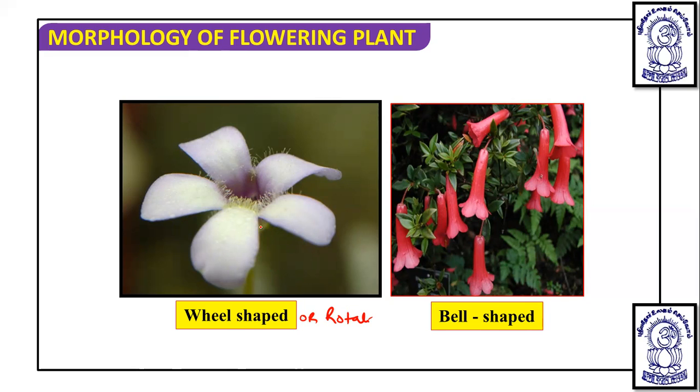At the back side, you will see a tube-like structure formed by the fusion of these five petals, and the petals are arranged in a whorl above the tube. So here at the base, you will see the particular tube. Okay, like this.